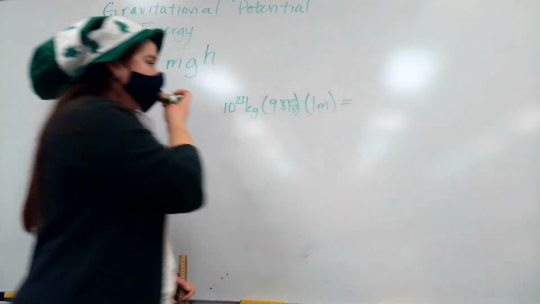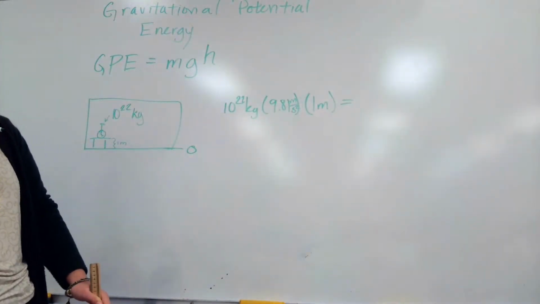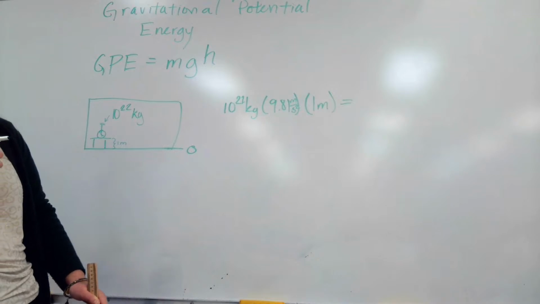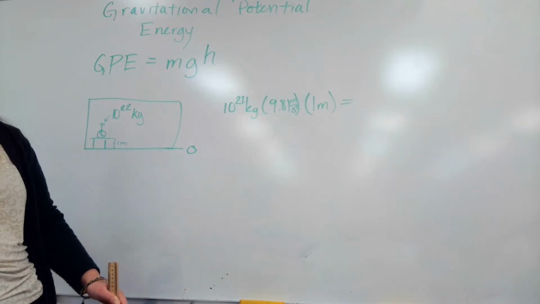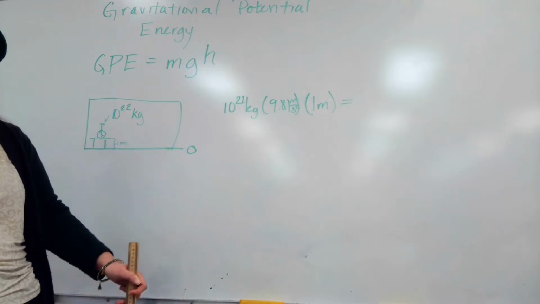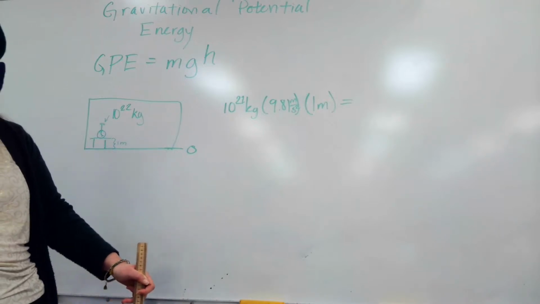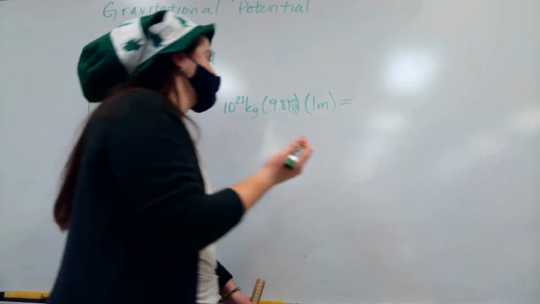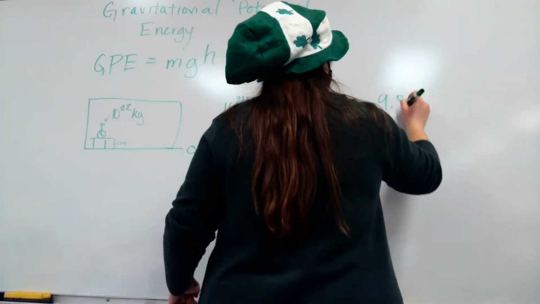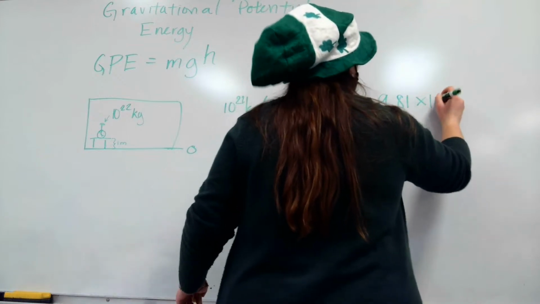Somebody do it on your calculator and check. Because 9.81 is in scientific notation, it would be 9.81 times 10 to the 23rd.